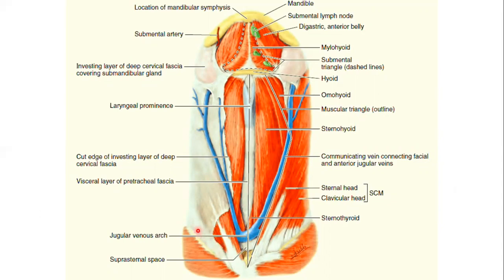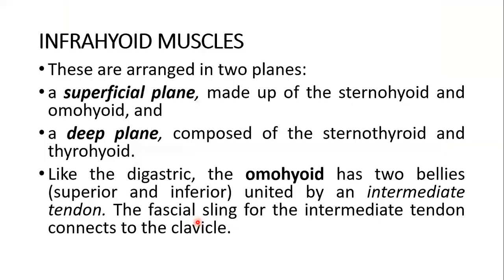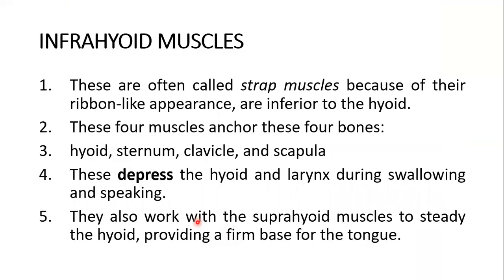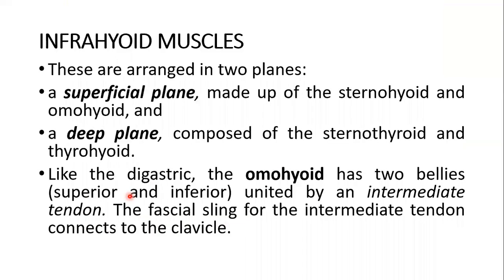So these are the four bones involved in the attachment of the infrahyoid muscles. Collectively, their function is that they depress the hyoid and larynx during swallowing and speaking. They also work with the suprahyoid muscles to steady the hyoid, providing a firm base for the tongue. This is a very important function.